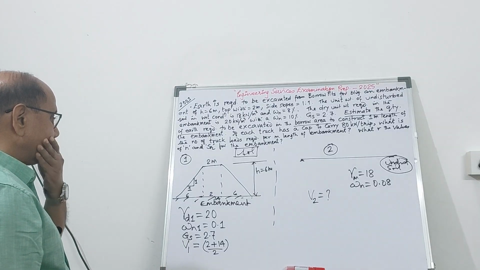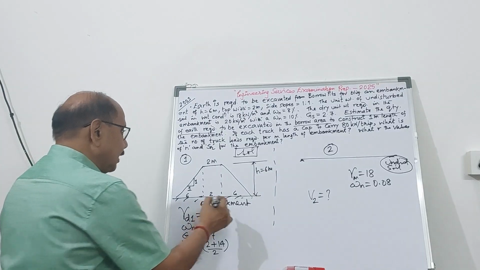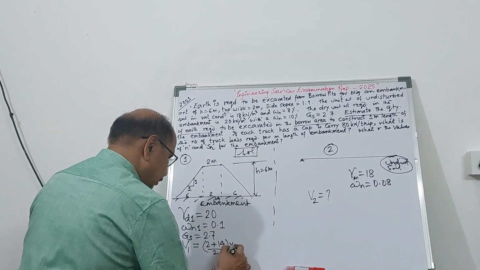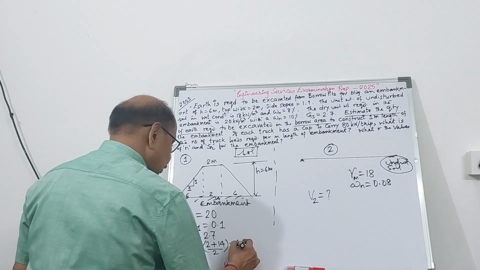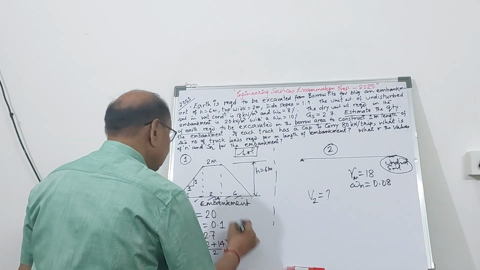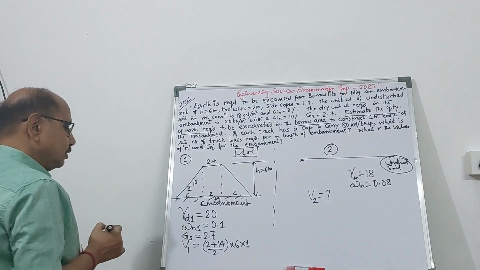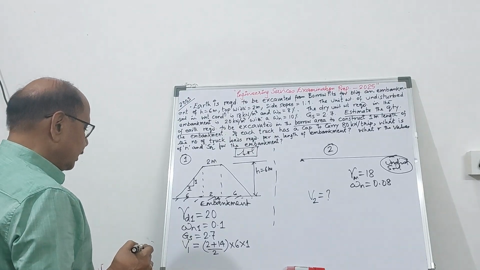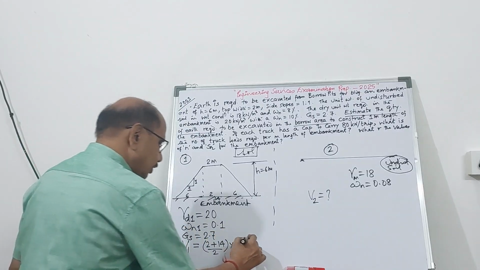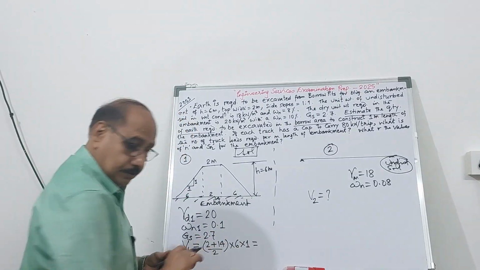And multiplied by the height, that becomes the area. And if you multiply it by 1, that is 1 meter length, that becomes the volume. So V1 you can calculate it.